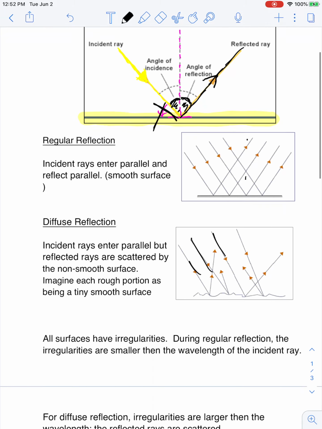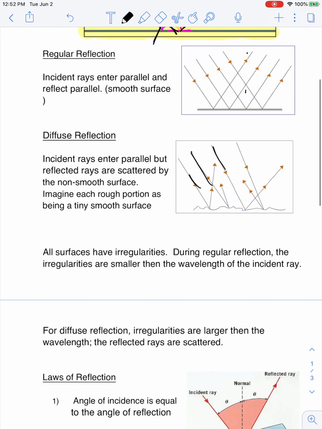All surfaces have irregularities. During regular reflection, the irregularities are smaller than the wavelength of the incident ray. For diffuse reflection, irregularities are larger than the wavelength. The reflected rays are scattered.